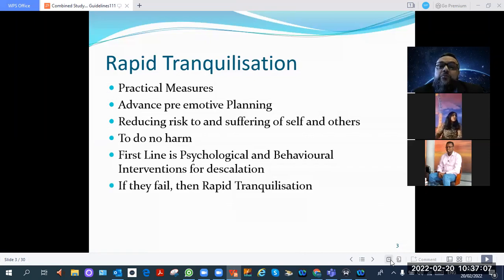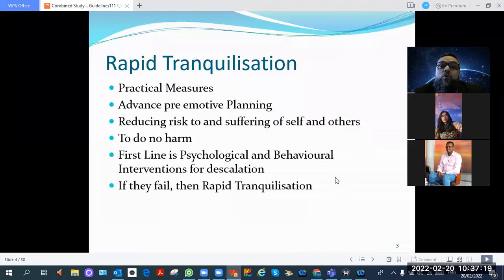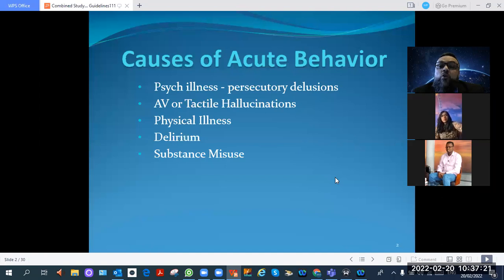You have to preempt the situation, and that is why you should know the causes. The more you know the causes, the more you can treat it, nip it in the bud, and treat the situation even before it happens.